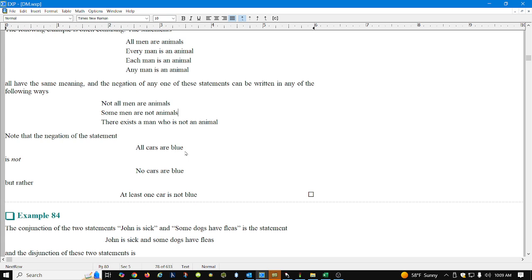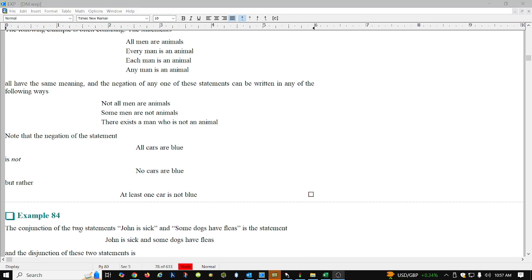All cars are blue. Negation is not "no cars are blue." That's the diametric opposite. They're all blue, none of them are blue. There's a lot of room in between. So to negate all cars are blue, it would be at least one car is not blue, or some car is not blue, or there is a car that's not blue.